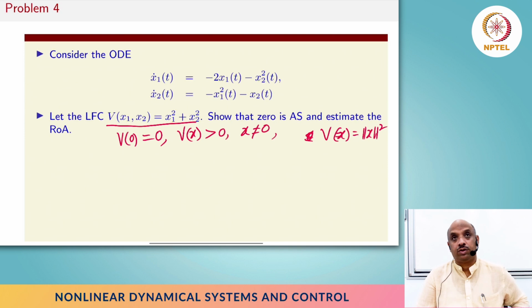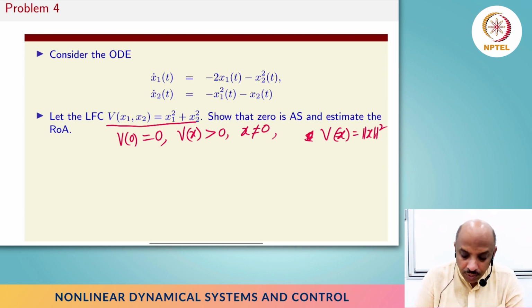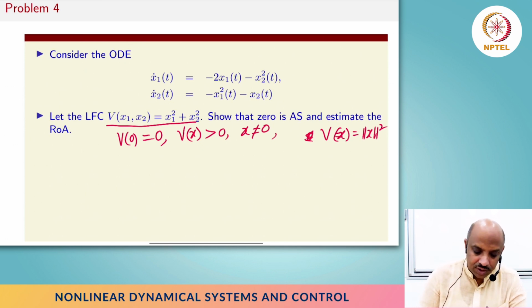So that means it also satisfies the basic conditions of exponential stability. Whether this is exponentially stable or not is a different issue. Okay, so now the question is basically what can we say about this Lyapunov stability or asymptotic stability, right?